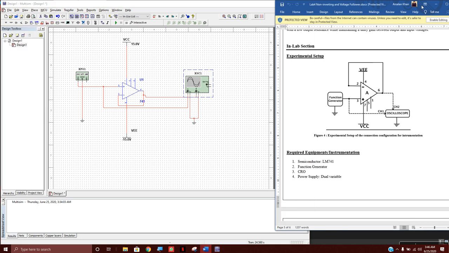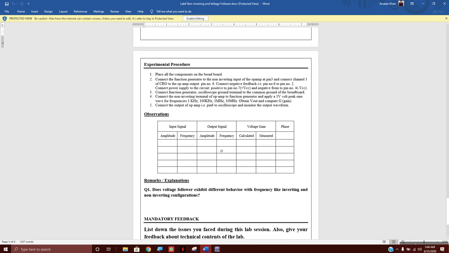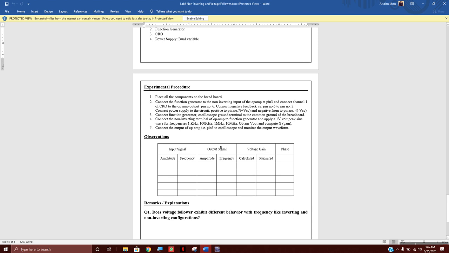I'll do that later. So with that, now आपके पास एक्सपेरिमेंट के कुछ प्रोसीजर्स गिवन है. ठीक है कि आपने जो है इसमें क्या क्या चेंजेस करनी है. आप वोल्टेजेस को चेंज करें. ओके, और इसमें again you have to change your frequencies, 1 kilohertz, 100 kilohertz, megahertz, something like that.